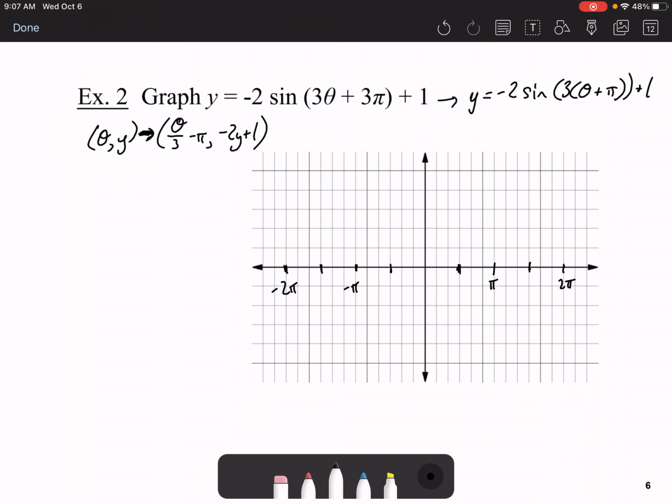Our maximum values can go up to the values of 2 or -2 if it was a regular, 1 or -1 if it was a regular sine function, because of the vertical stretch, we've got it going up from -2 to 2, or even the fact that it's also been translated up 1 unit, I'd actually use a maximum of 3 and a minimum of -3.